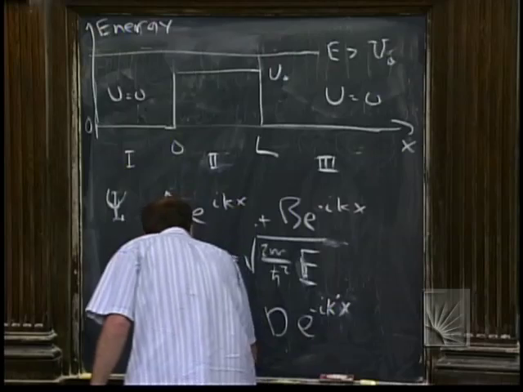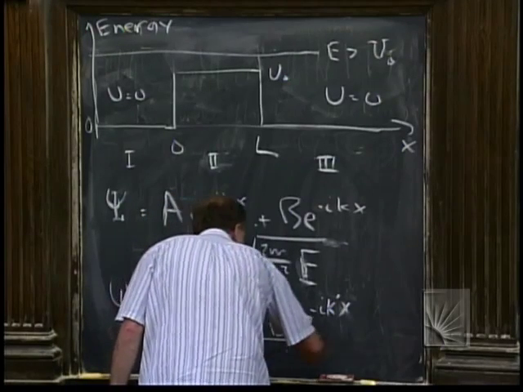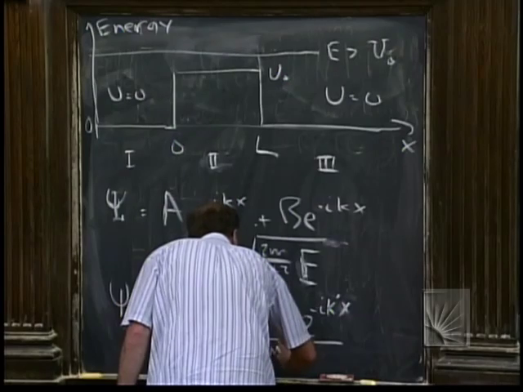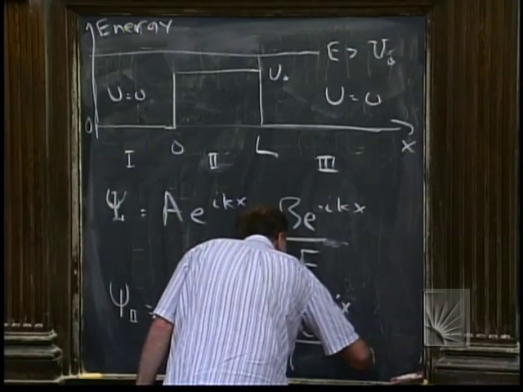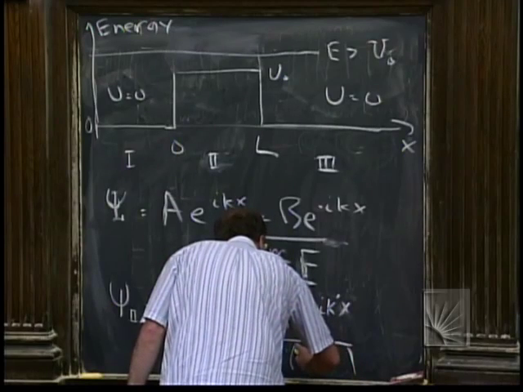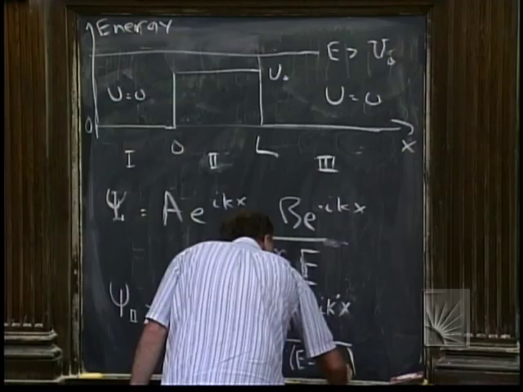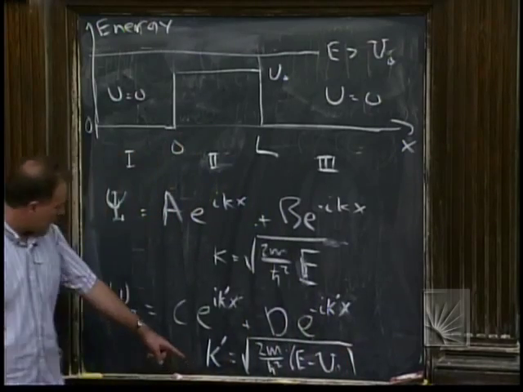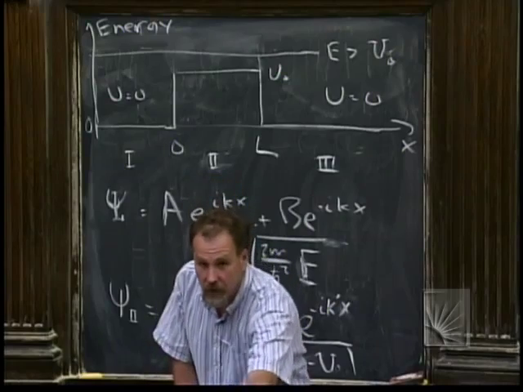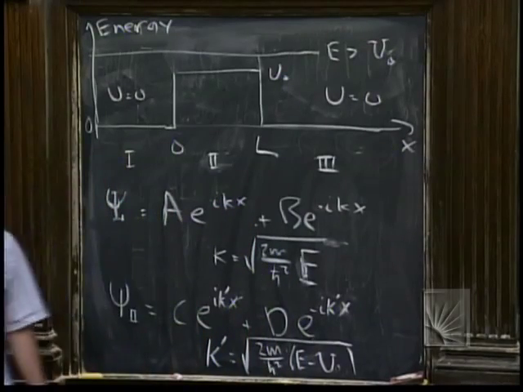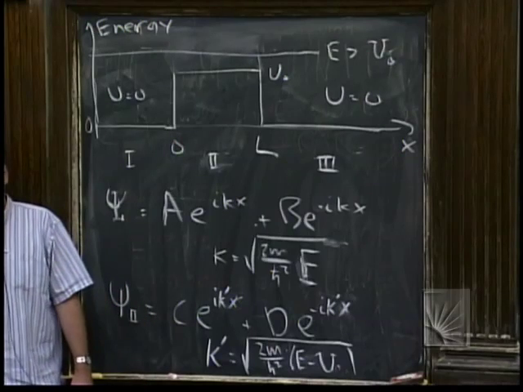Right. So k prime here is that, where it's based on the energy minus U0 instead of the energy alone. Notice, is k prime bigger than k or less than k?